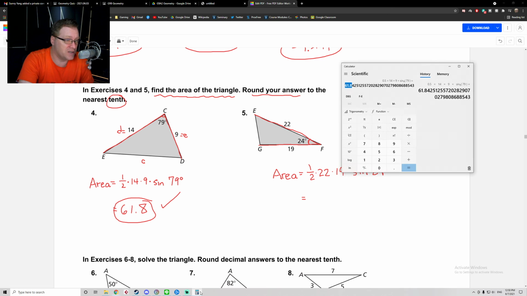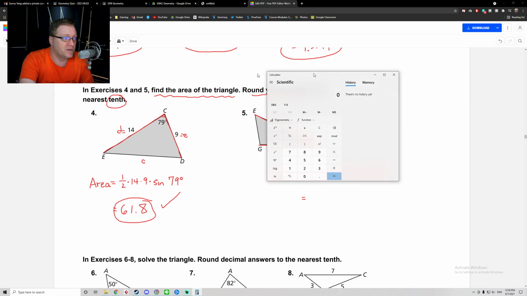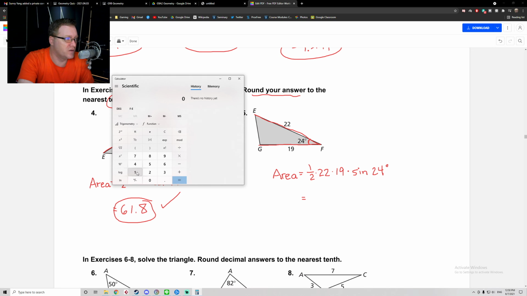So we can, once again, bring out our calculator. 1/2 is 0.5, and then we're going to times 22 times 19, and then times sine of 24. So I type 24, and then I write sine, and I hit enter.